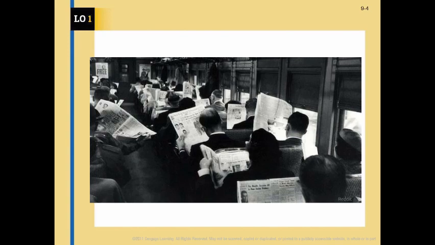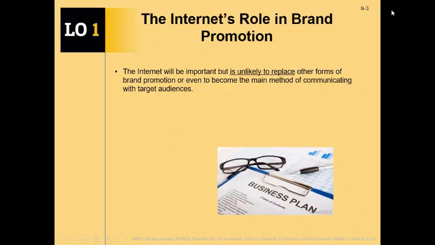So the way in which communication from businesses and organizations occurs with their consumers, with their customers, has changed dramatically. There has been a very clear differentiation in the way that we establish relationships and we reach our audiences.